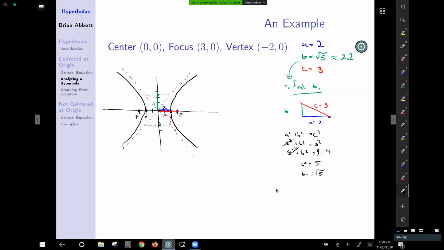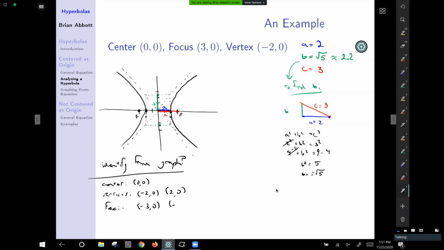So what can we just straight away identify from the graph? Well, we know the center, and I'm going to bother to rewrite it. I know it's written above, but we're just going to take a minute and write it. We know both vertices, -2, 0, and 2, 0. And we know the foci, -3, 0, and 3, 0.